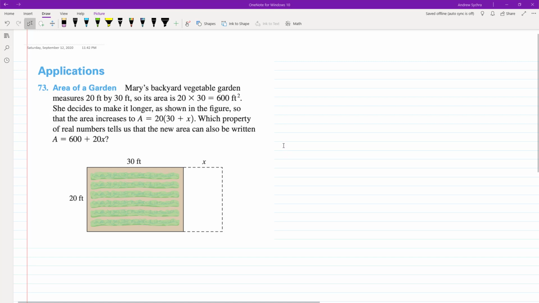Which property of real numbers tells us that the new area can also be rewritten as A is equal to 600 plus 20x. I guess distributive property, because you're just distributing when you multiply side times side, but you're distributing the 20 across the 30 plus x.